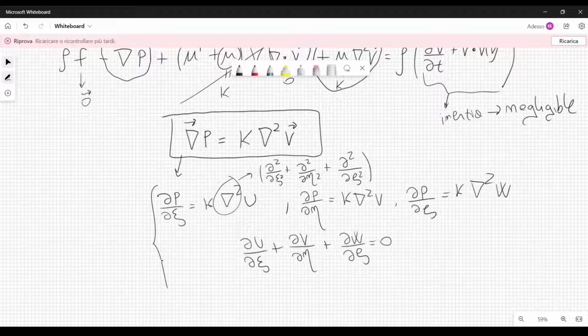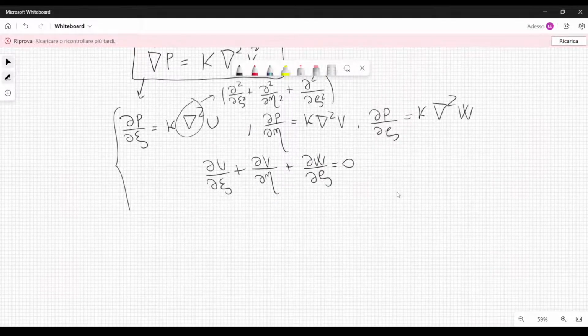From these equations, it is quite easy to infer that the Laplacian of the pressure is equal to 0. How do we see that?